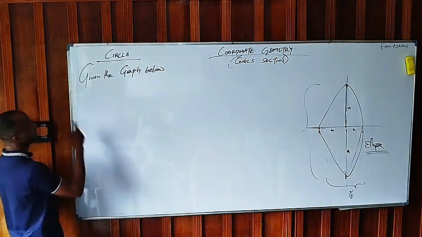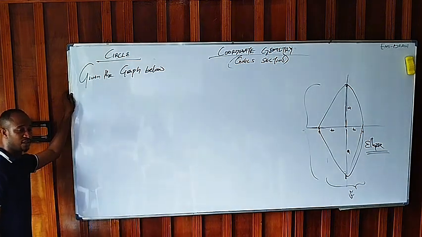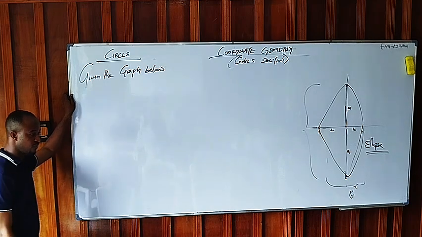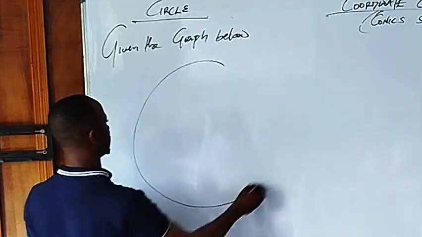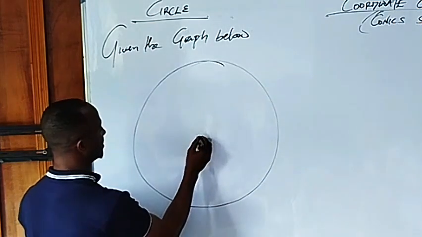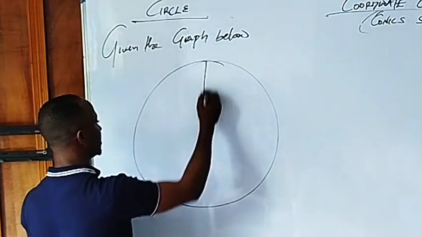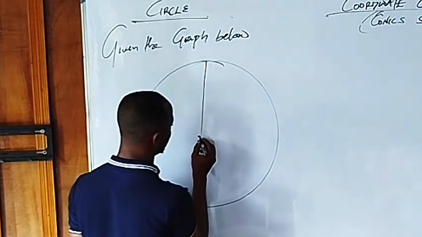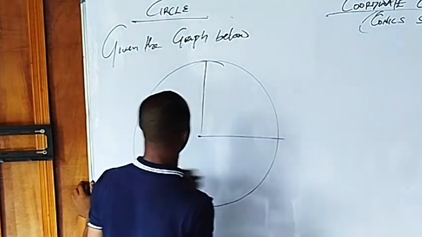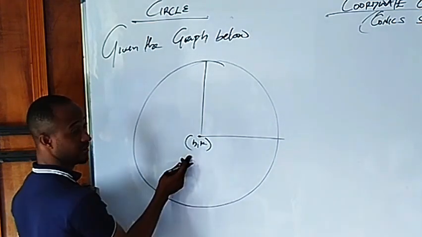Now, given the graph below, I want to show us how to get the equation of a circle. Very important. If we have the circle, we have the center, right? What defines the circle is that all the points from the locus to the center are equal. Good. So if I have this, here we call it H comma K.